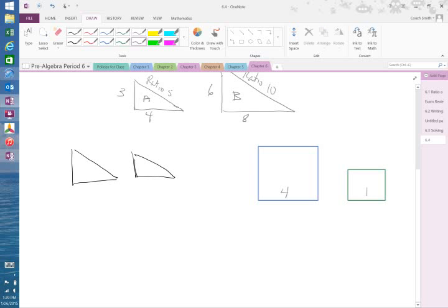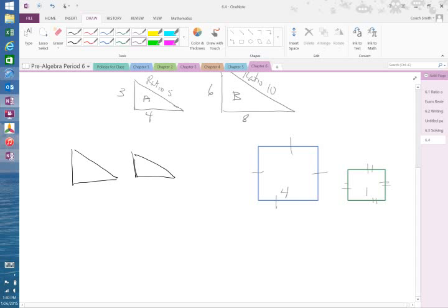Okay, 4 and 1. Well, the bottom line is that if one side is 4, and then the other square it's 1, and they do this, like that, then they've got to be similar.